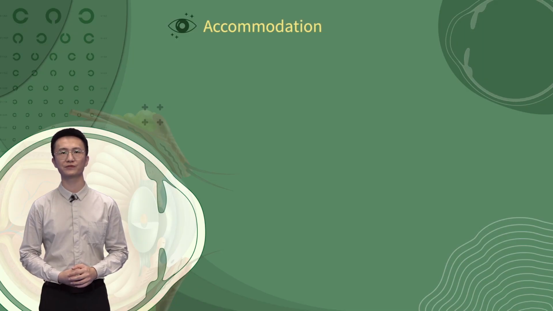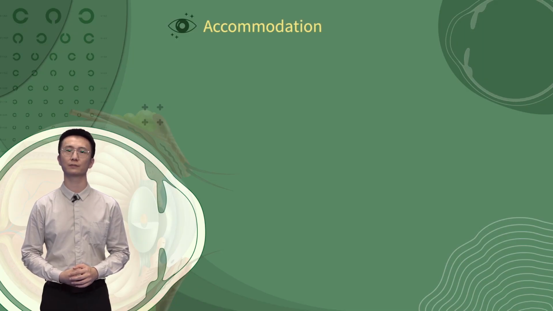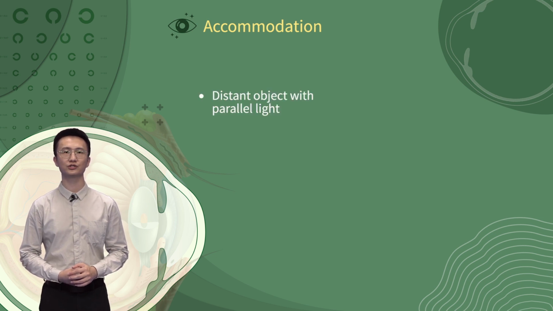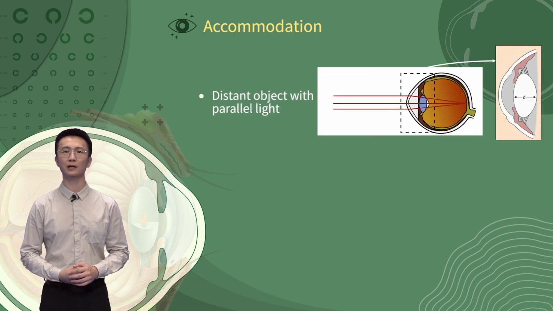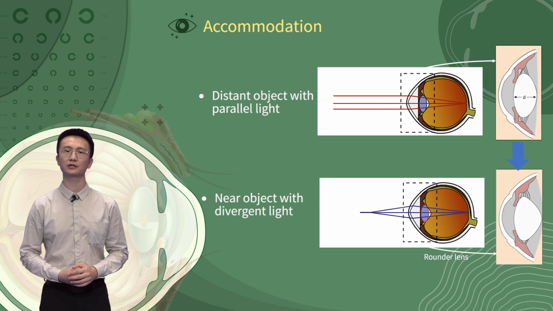Before we discuss this phenomenon, we should know about the biological process of accommodation. With distant vision, the incoming light rays are coming in parallel and end up focusing on the retina if without refractive error. In contrast, a near object produces expanding divergence rays of light which end up behind the eye.